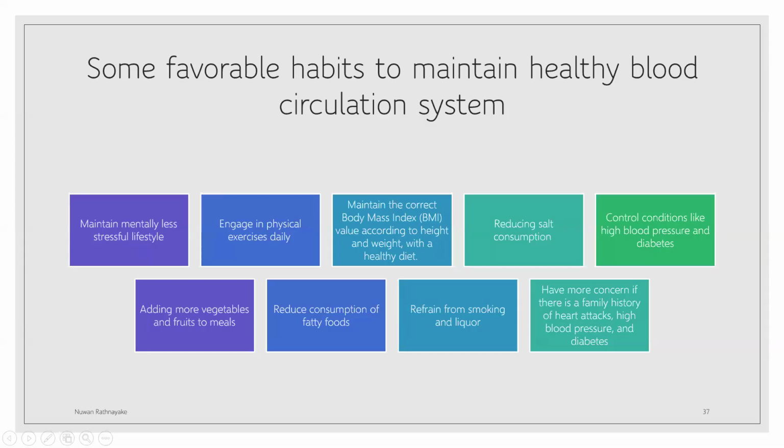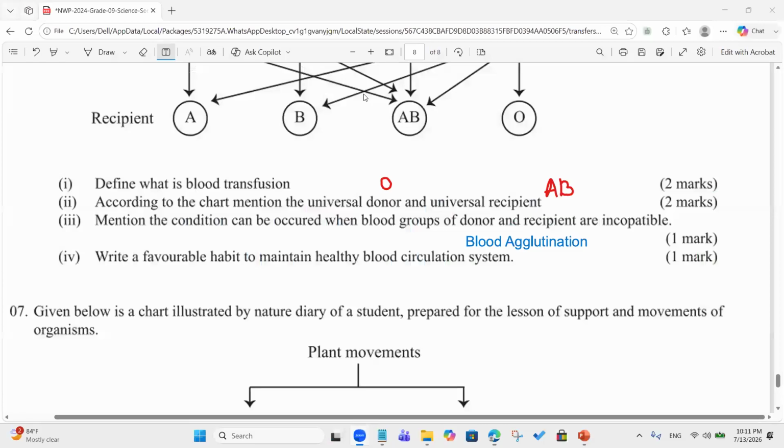And these are some other points: a mentally less stressful lifestyle. They are very important points, right? Refrain from smoking and liquor. So you can write anything that you can see here. Right, so that's the last question of the sixth one.